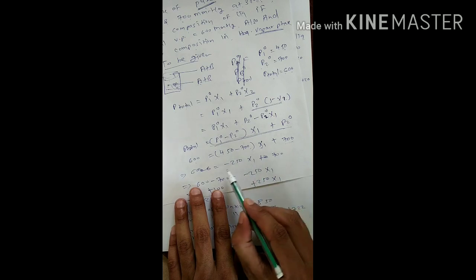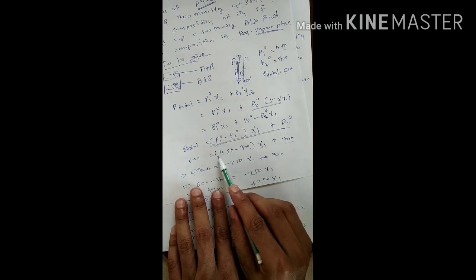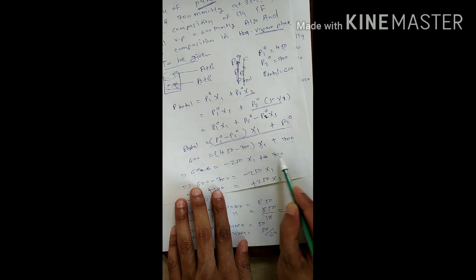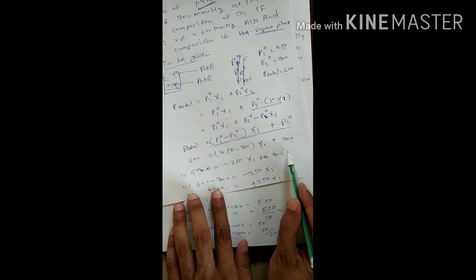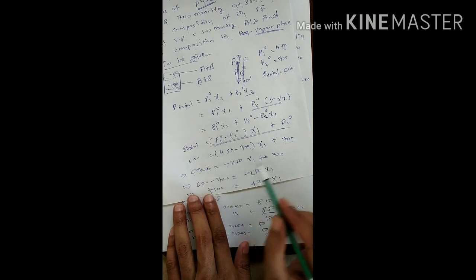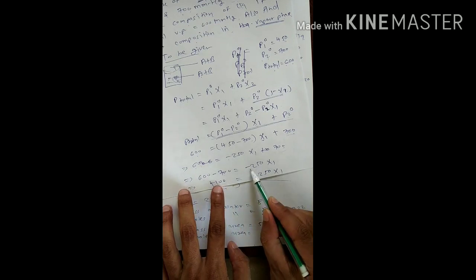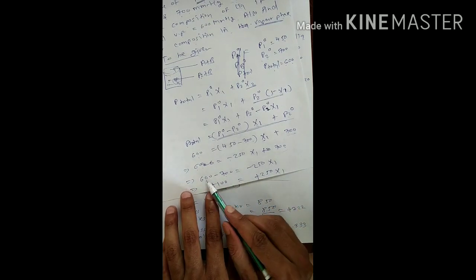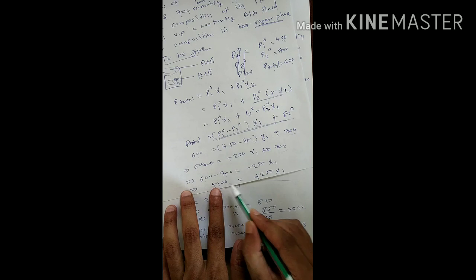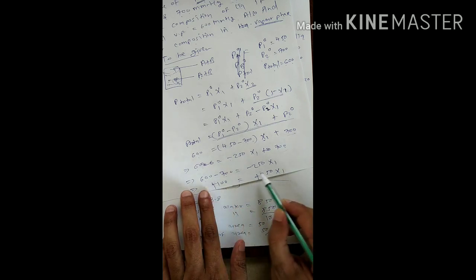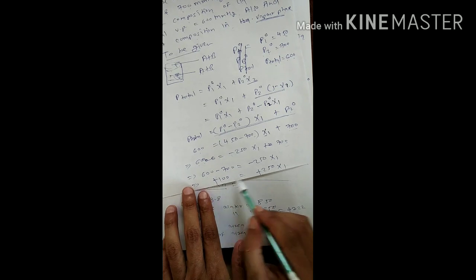So you will get 600 is equal to (450 minus 700), that is minus 250, x1 plus 700. Now this 700 will go on the other side, so it will become 600 minus 700 is equal to minus 250 x1. So you will get minus 100 is equal to minus 250 x1. Both are minus, so I make them positive here.